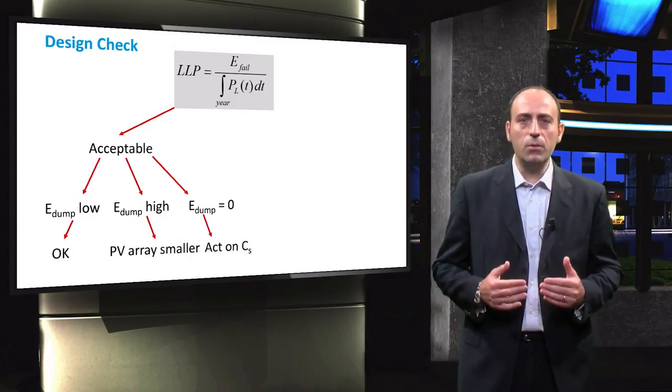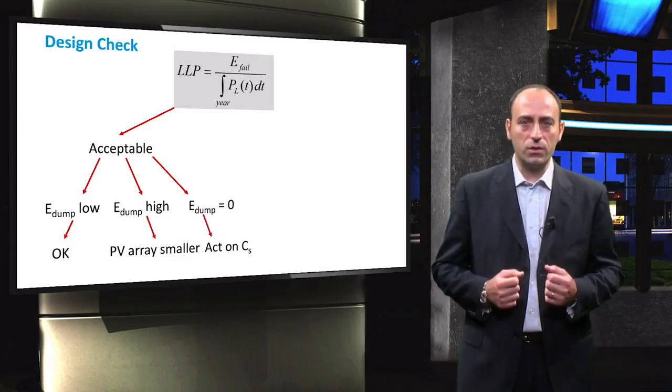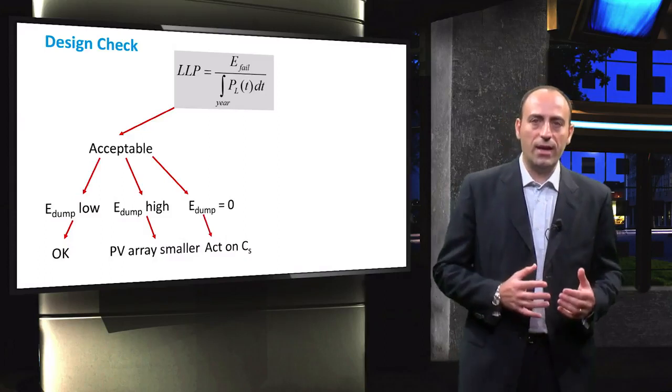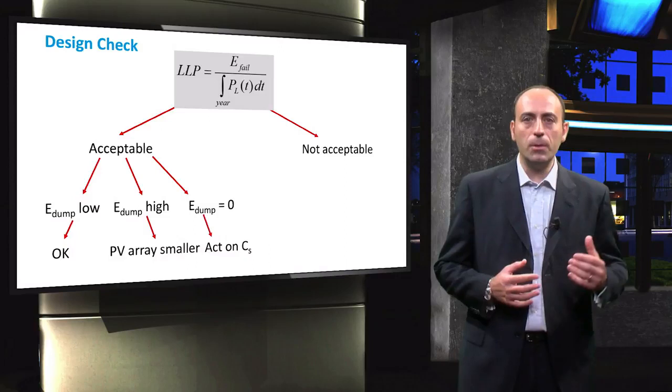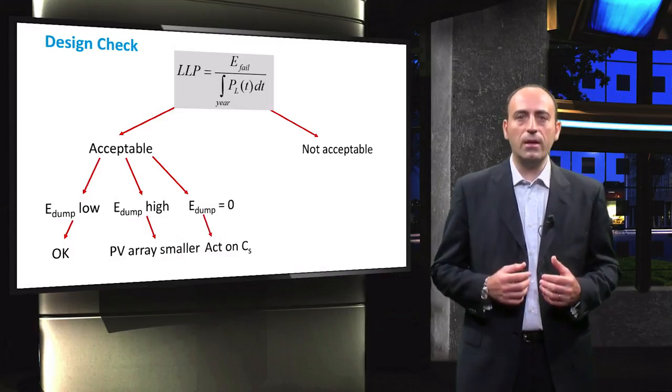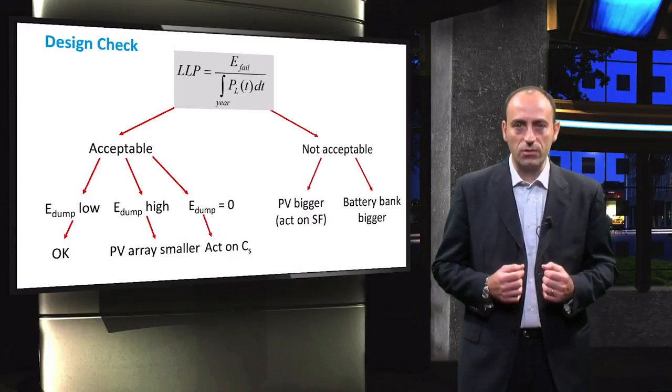In this case, it will potentially reduce the size of the battery bank and eventually bring down the costs involved. On the other hand, if the loss of load probability is not acceptable, either the PV or the battery bank size is adjusted by acting on their corresponding sizing factors.